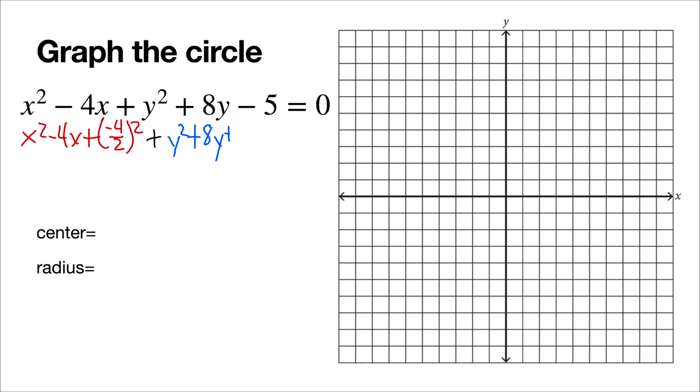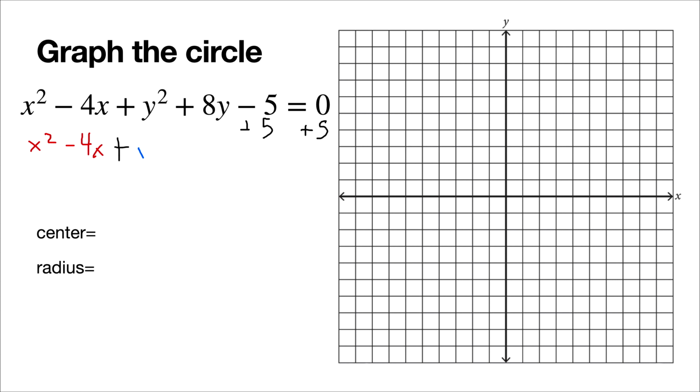Oh wait, I forgot to do something here. I actually can't simplify this just yet because I have the 5. So I'm going to move that 5 over by adding 5 first. So now I have x squared minus 4x plus y squared plus 8y, and that's going to equal 0.